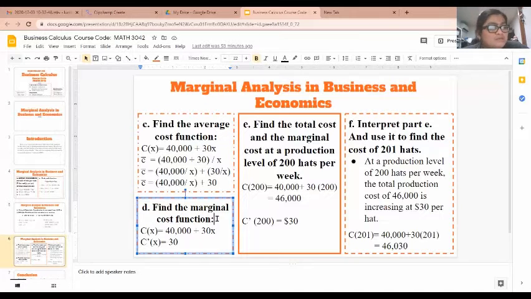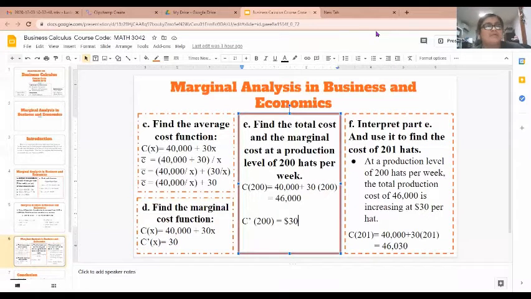For the marginal cost function, all we are looking for is the derivative of the function. And we know that the only term we can find a derivative for is 30x right here. So the final answer here is 30.